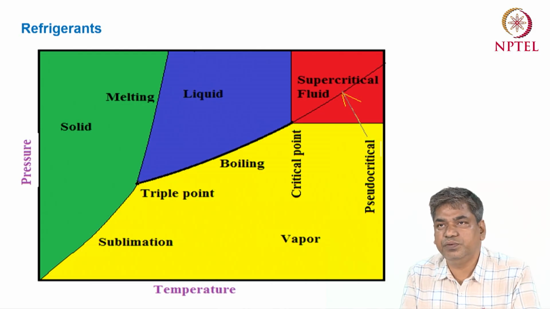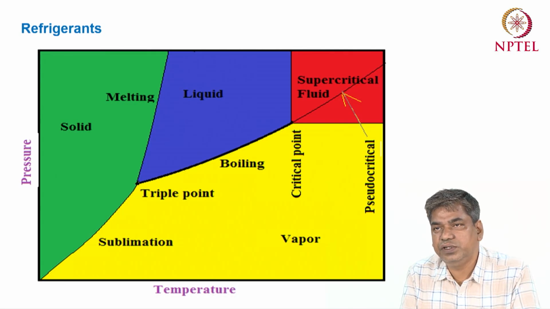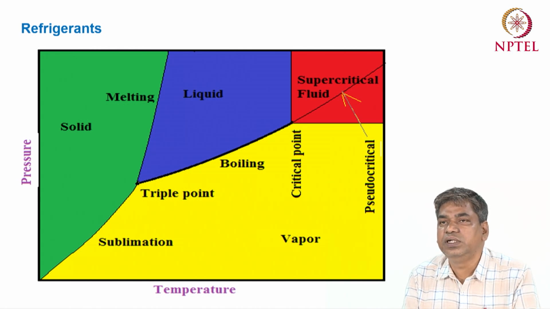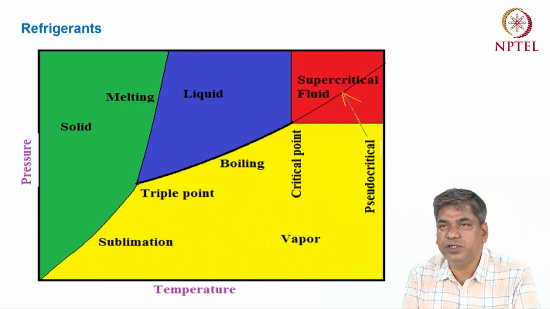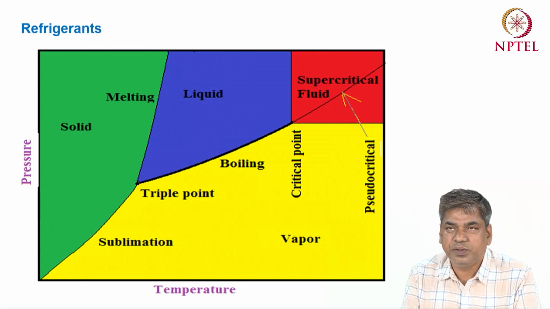So in the supercritical pressure, if you heat up any refrigerant, it will be converted from liquid to vapor without any latent heat of evaporation. Similarly, if you condense or cool down any refrigerant, it will be converted from vapor to liquid without any latent heat of evaporation.